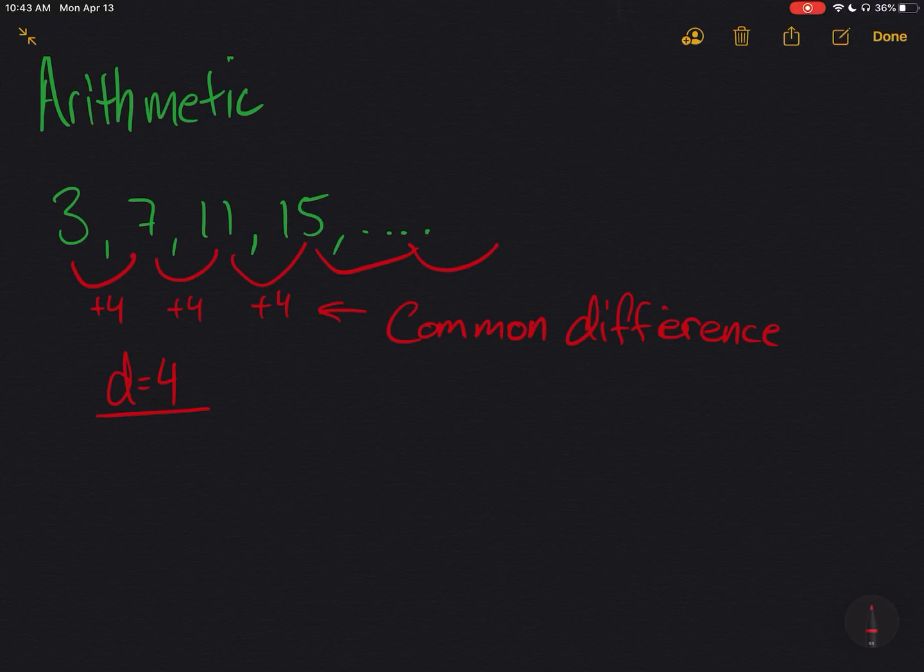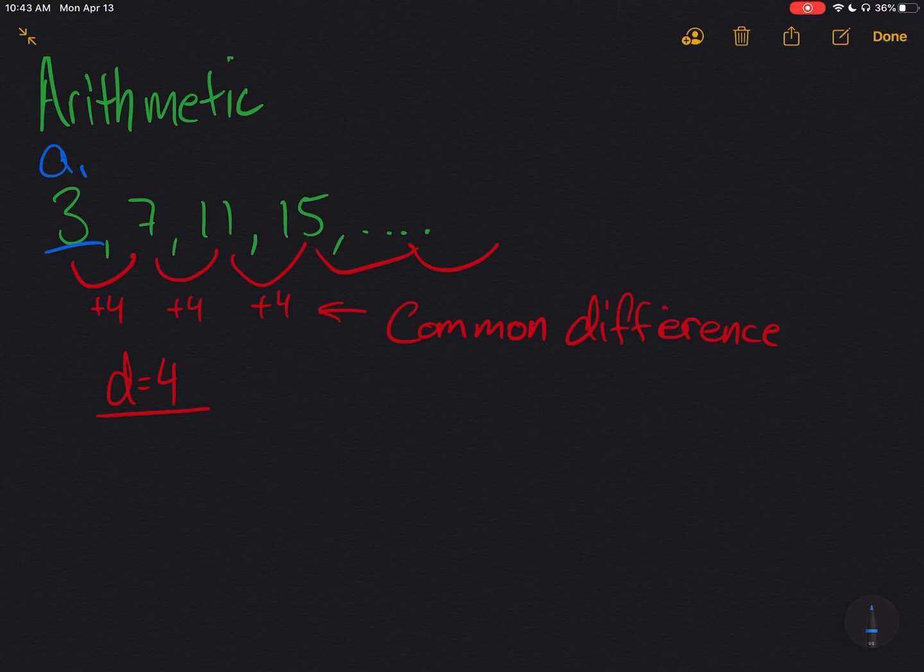A few other things. Our first term in the sequence is going to be A1, okay? A subscript 1. So the 1 is telling me where that term ends up in the sequence, right? And so our A1 term is going to be 3. It's that first term in the sequence. It's where the sequence technically starts, okay?